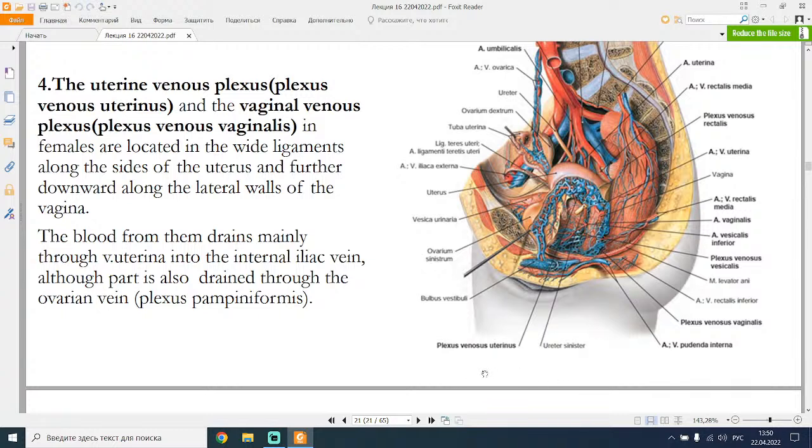The blood from them drains mainly through vena uterina into the internal iliac vein. A third part is also drained through the ovarian vein, plexus pampiniformis in males.